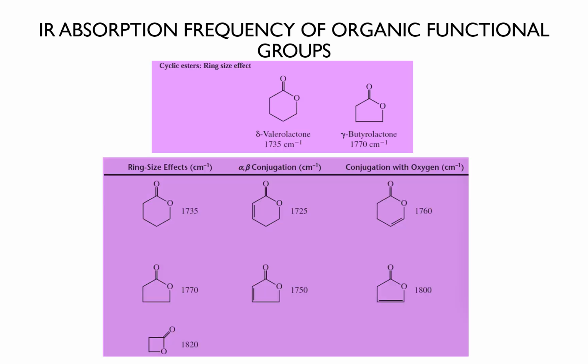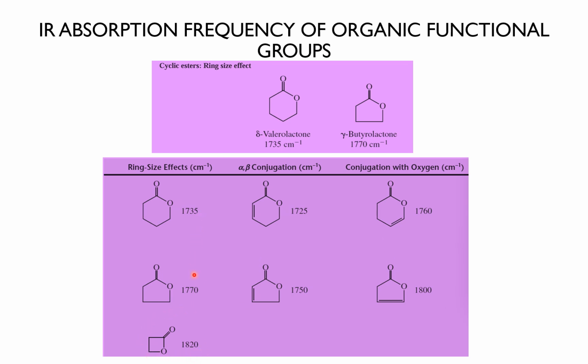If we have a cyclic ester, then we need to understand the ring size effect. As the ring size decreases, angle strain increases, and hence the vibrational stretching frequency will also increase. So here we can see that for a six-membered cyclic ester, the value is 1735 centimeter inverse. For five-membered, the value is 1770, and for four-membered, it is 1820.